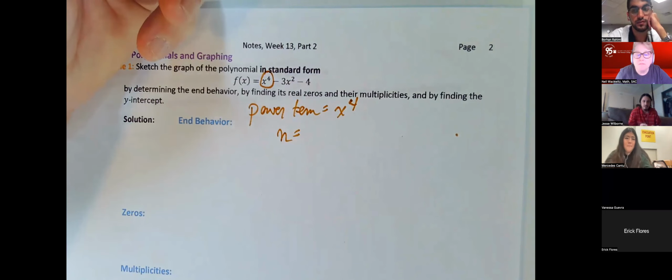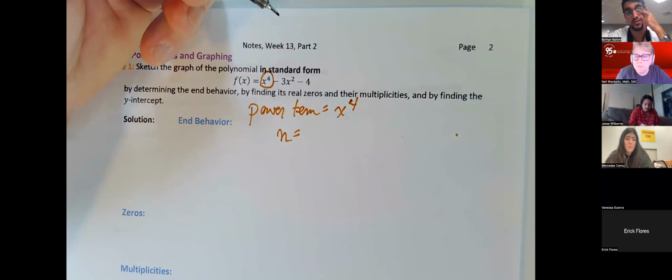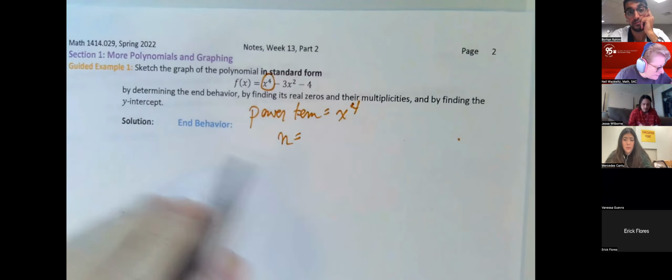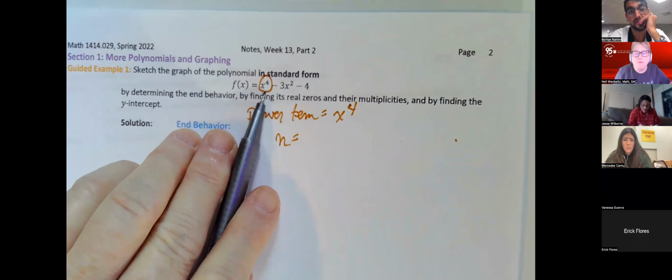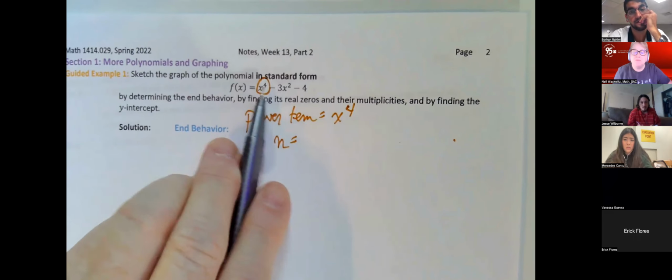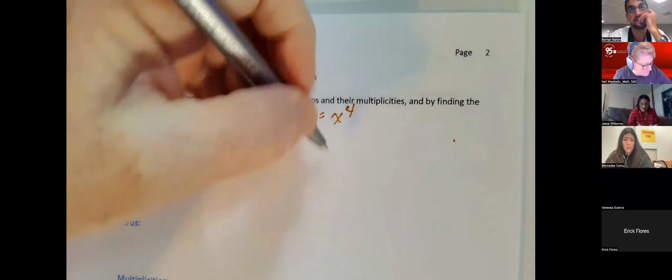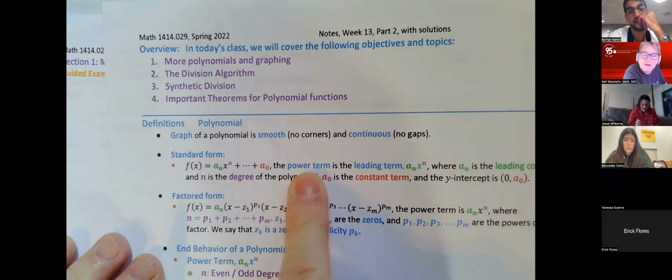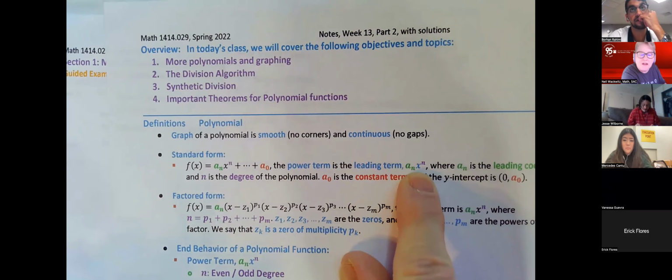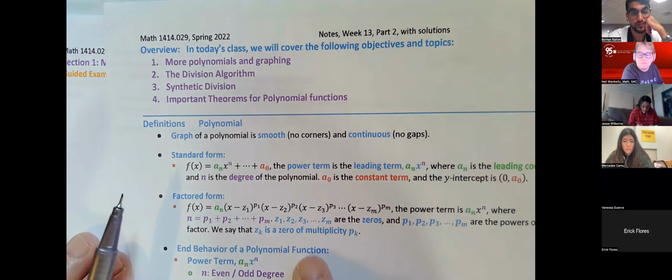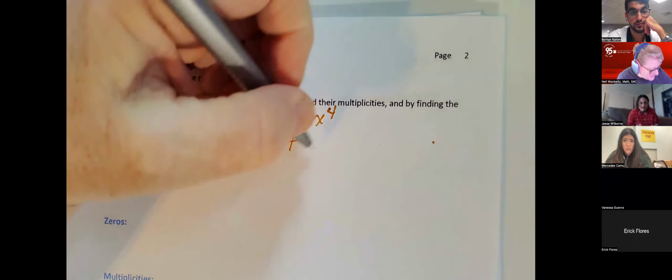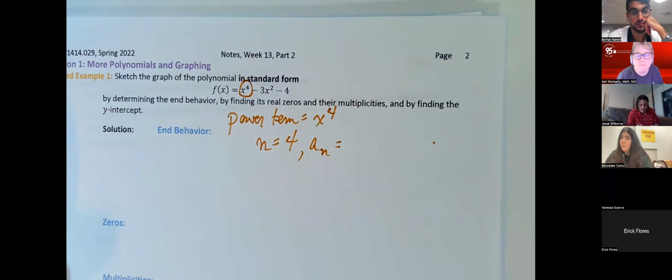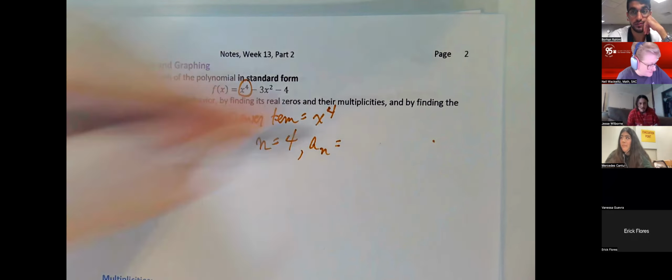Even. So in standard form, n is just the exponent on the power term. What is a sub n? It's 1, because there's nothing written here.